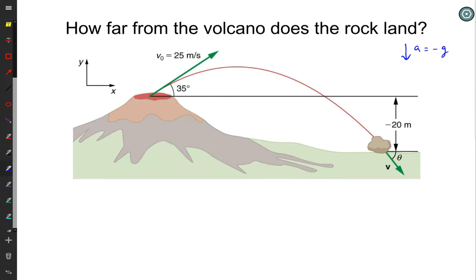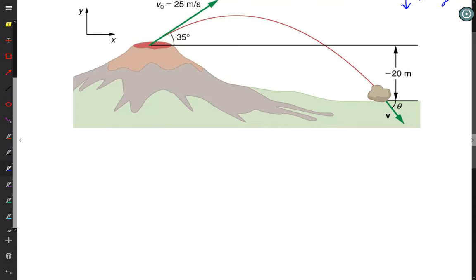So I am once again going to break it up into my x component, my y component, keeping vertical on the left and horizontal on the right. I am going to have that my y initial equals, and I kind of have to make a choice.